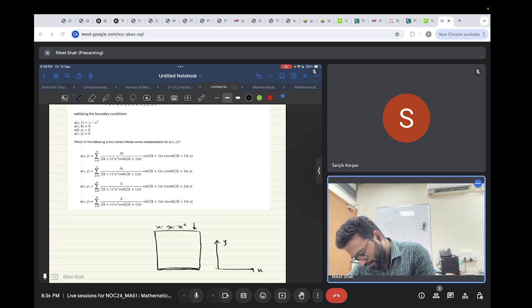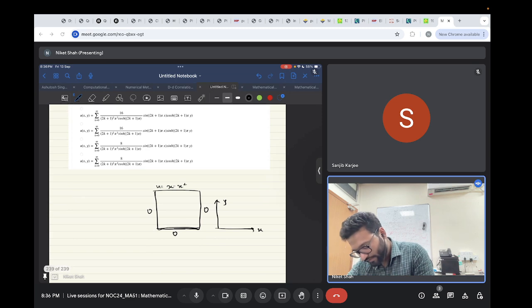On the other edges, u of 0 comma y is 0, u of 1 comma y is 0, and u of x comma 0 is 0. So on these three edges, the value is 0. On the fourth edge, this is x square minus y square.